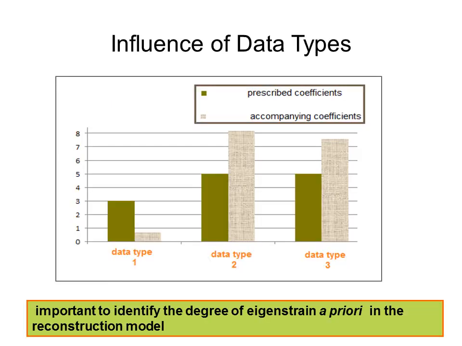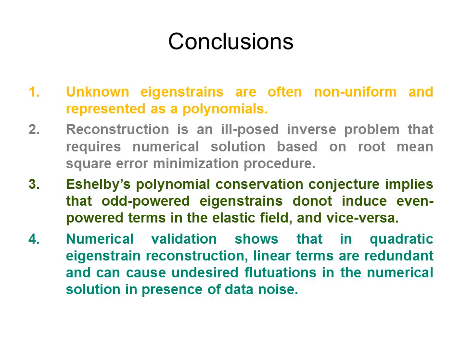The results are as follows: if we have only the quadratic terms, the error is least as expected for data type 1, and more for data types 2 and 3. But when we have also the linear terms, the error is very much enhanced in data types 2 and 3, which shows undesired fluctuations, and these sums are supposed to be 0 when there is no data noise.